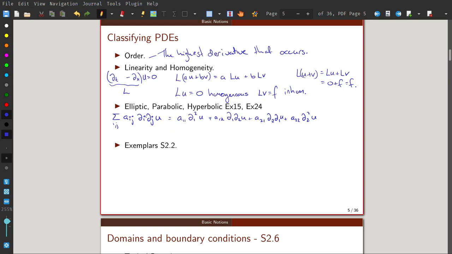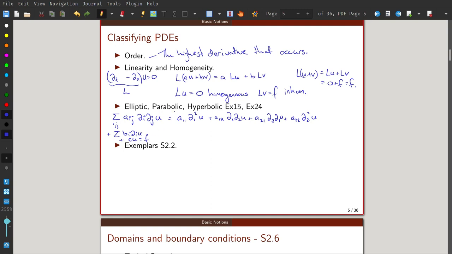Okay, so the general equation would be a term of a sum of this form plus a sum over all the possible first derivatives plus c times u equals an inhomogeneous term. That's all. Sorry, I should say that's all the linear second order equations have this form.